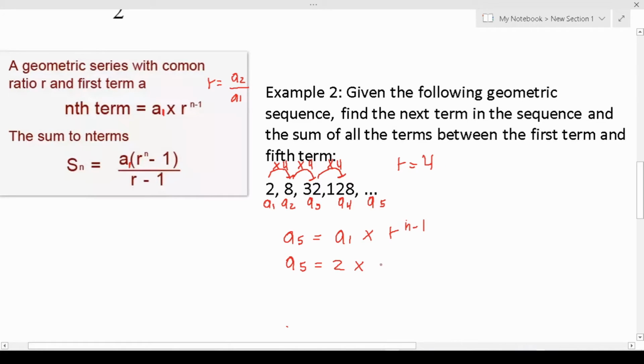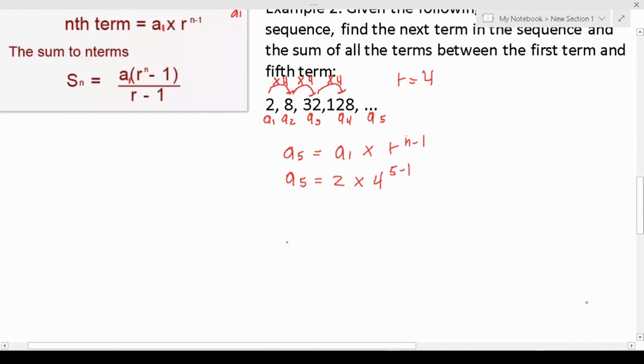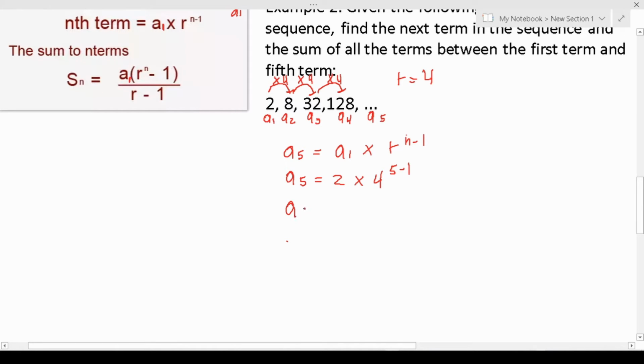We identified that as 4, to the n minus 1. Again, we're trying to find the fifth term, so this is going to be 5 minus 1. Let's keep working this out. A to the 5 equals 2 times 4 to the 5 minus 1, which is 4. Okay, so let's work this out.